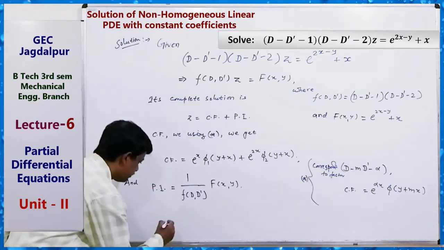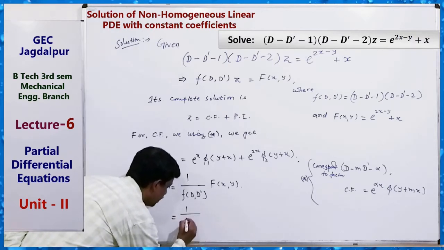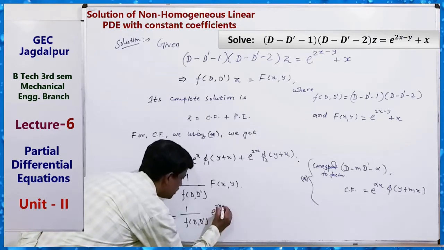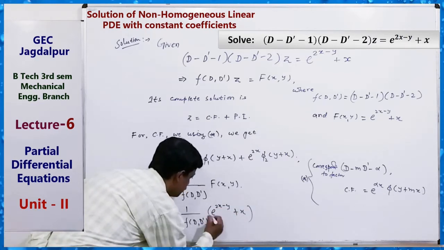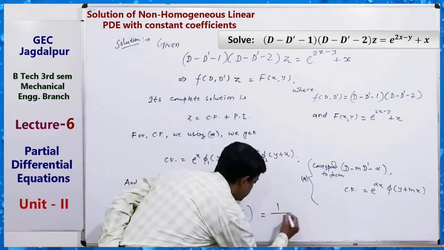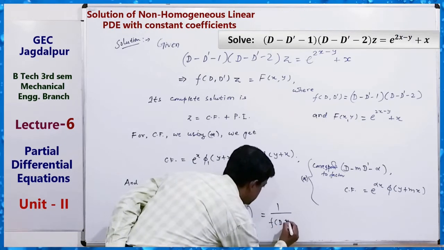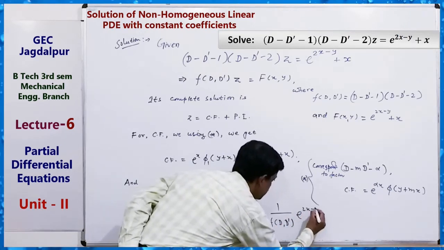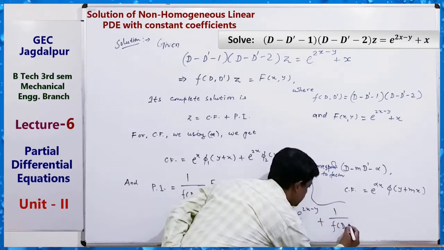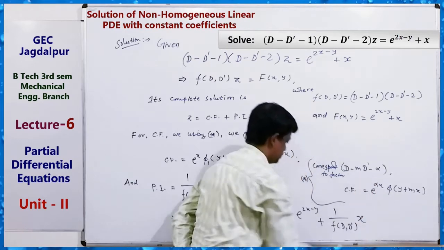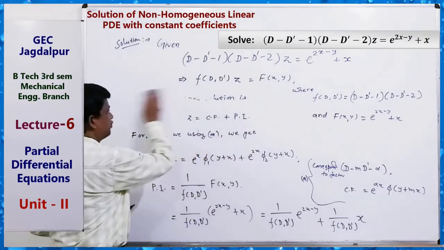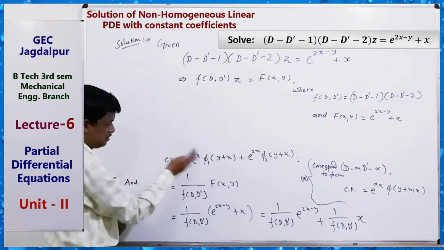So here 1 upon f(D, D') e to the power 2x minus y plus x. There are two parts, so we can distribute it: 1 upon f(D, D') e to the power 2x minus y plus 1 upon f(D, D') x. Clear?